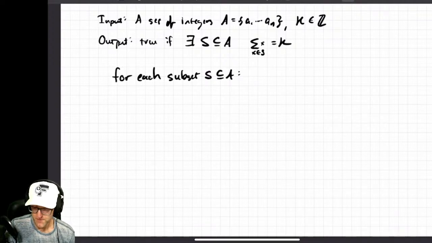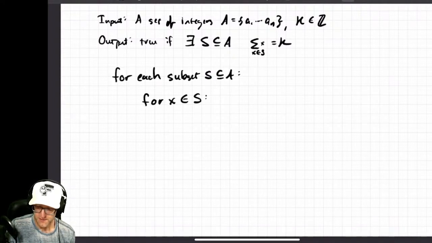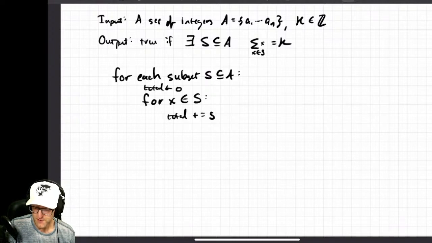You don't have to write a for loop for each element X, though we could go ahead and say for X in S. I'll have a total here that I'll initialize to 0, and then I can go total plus equals X. And if the total equals K, output true.